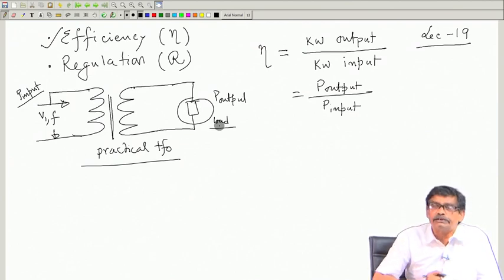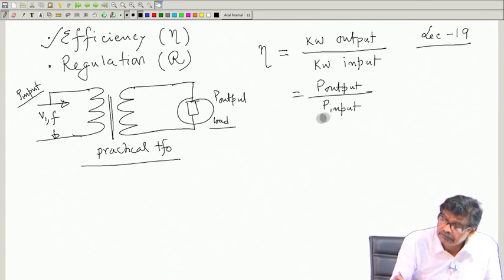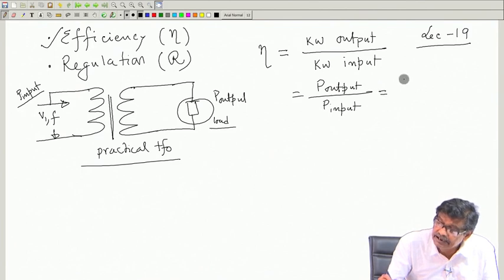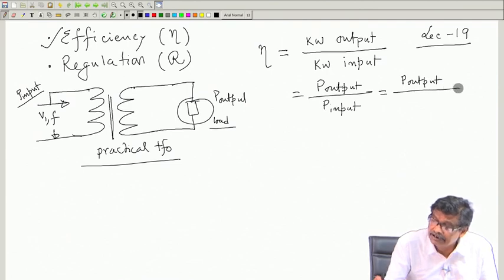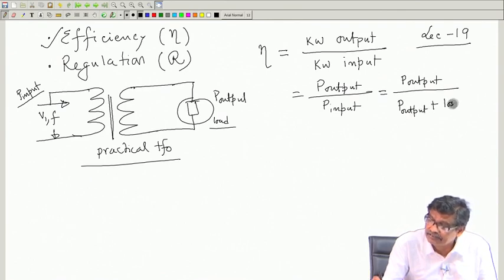During short circuit test, so this can be written as P output divided by input, which is nothing but P output plus losses.